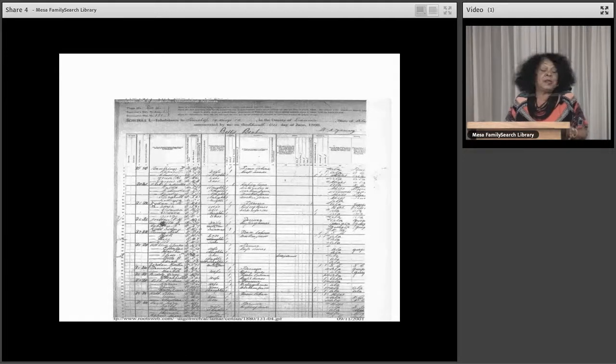I found that my third great-grandmother had listed her place of birth as South Carolina in 1812. And the slave owner, I followed his migration from South Carolina into Alabama. And that's how she got there. Because sometimes you want to know that too.